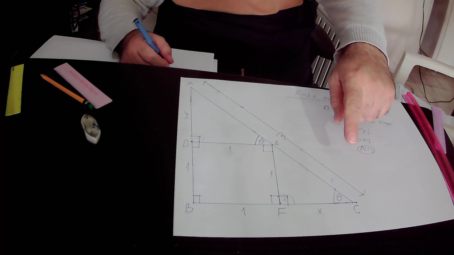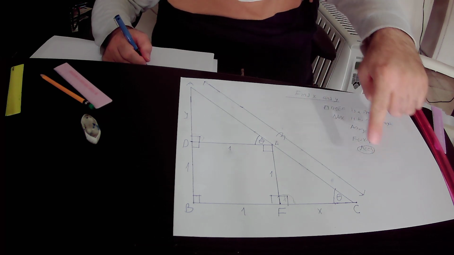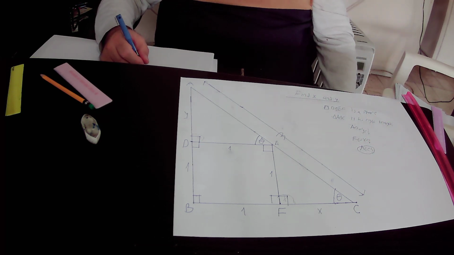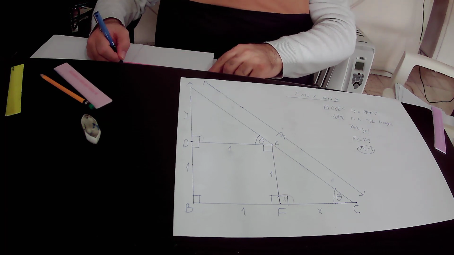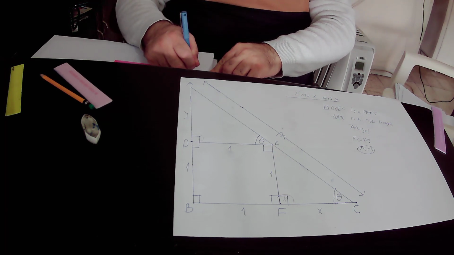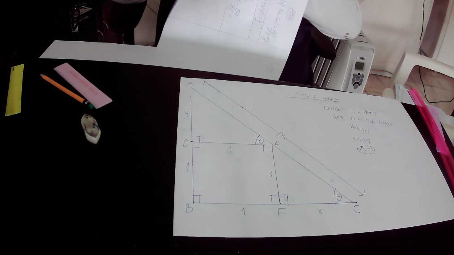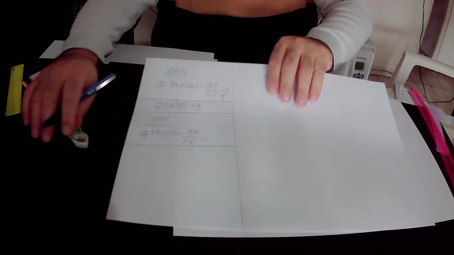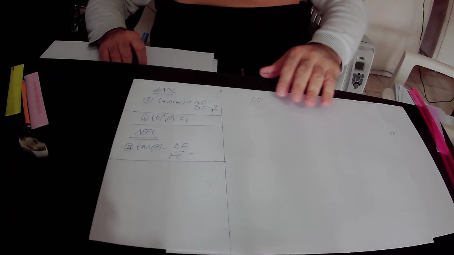Here, tangent theta will be equal to EF over FC. I will repeat again. In the right triangle EFC, tangent theta equals EF over FC.